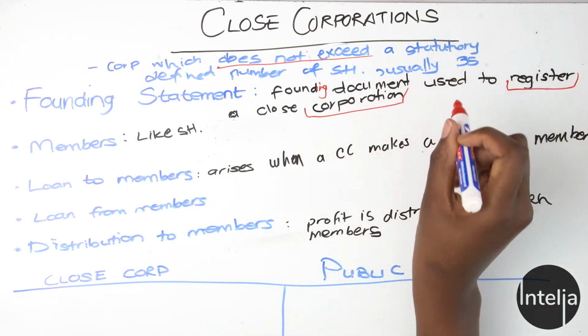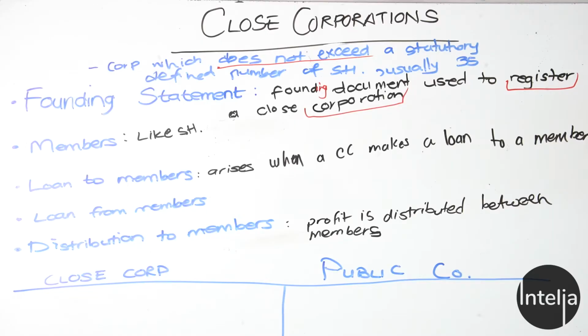And then another term is members. Like I said before, in companies we have shareholders, and in closed corporations we have members. It's basically just a different term used to define the people that own the entity.